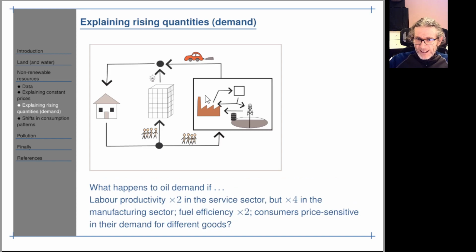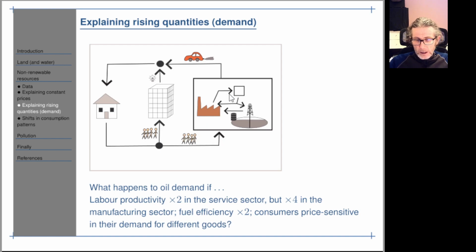But this is the mechanism that really can make a difference. What if labor productivity doubles in the service sector but goes up by 4 in the manufacturing sector? So labor and capital, those are the really expensive inputs, right? Especially labor.